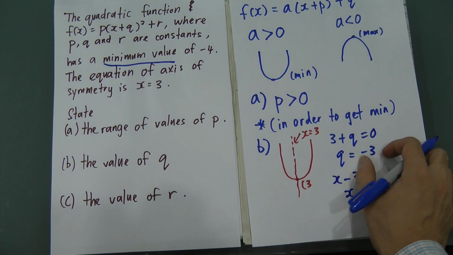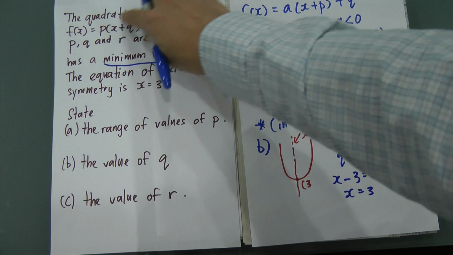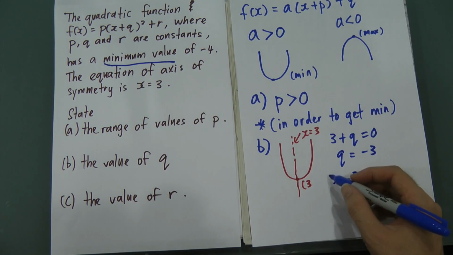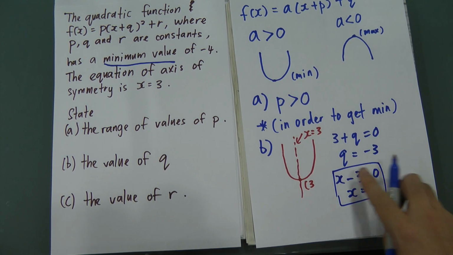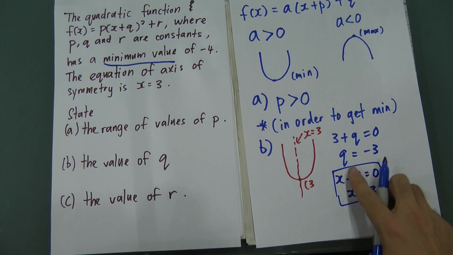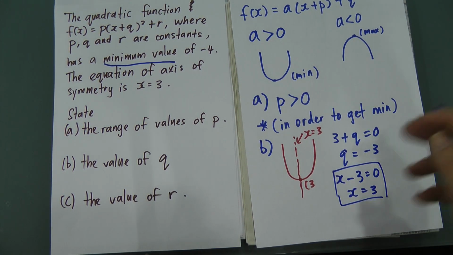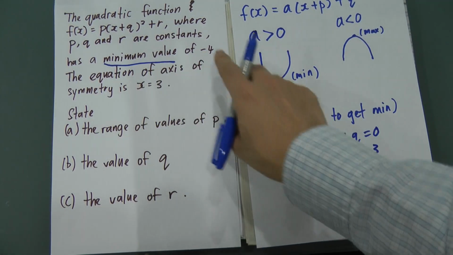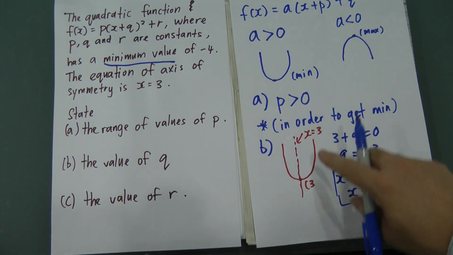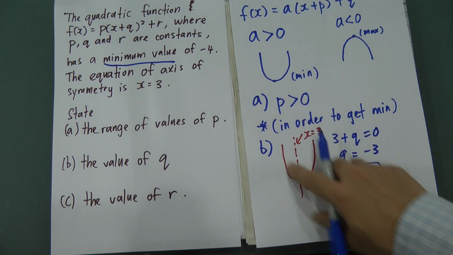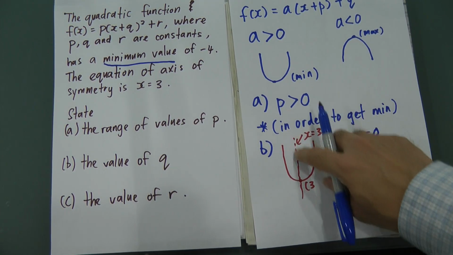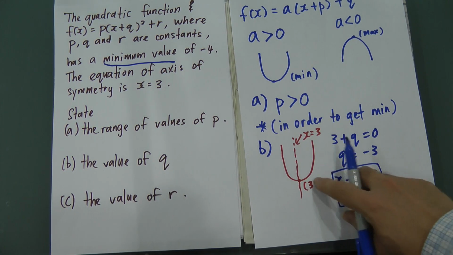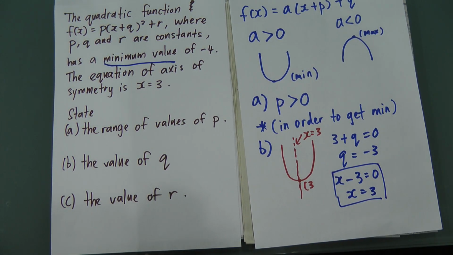If you put q equals -3 back, you get x minus 3 equals 0, then x equals 3. This is unnecessary to write in the exam. You just write x plus q equals 0, therefore q equals -3. The key here is to understand that the symmetry line gives you a diagram with one curve and one line of symmetry, and the line touches the minimum point or maximum point of the curve.